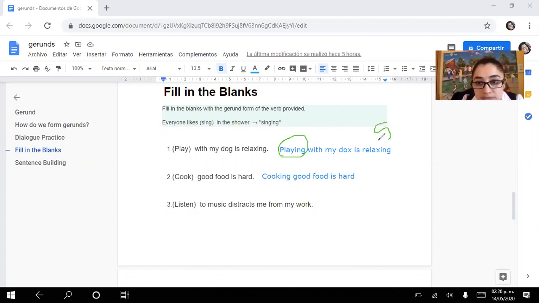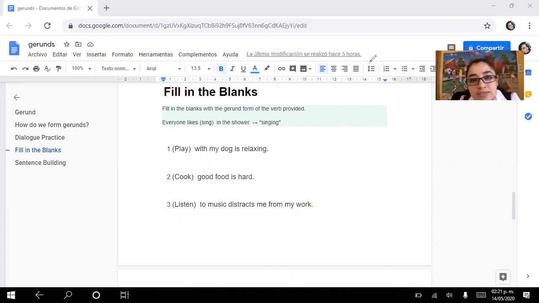Here we said that this is a subject, and here we have another subject. In this exercise, we concluded that we didn't have sentences with gerunds as an object of a preposition.